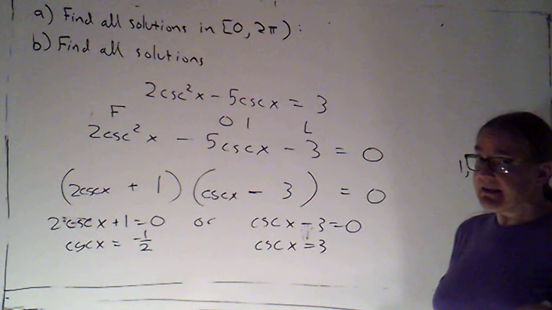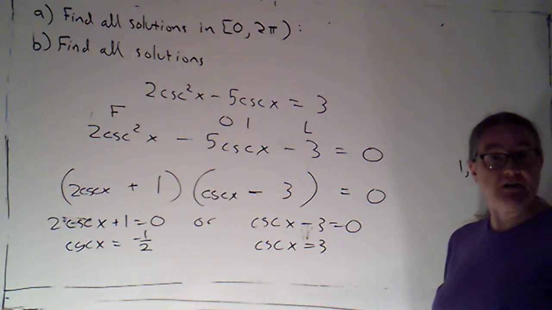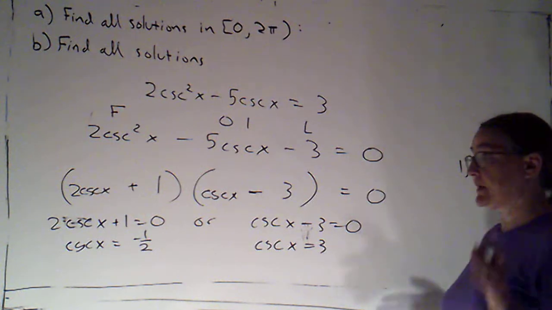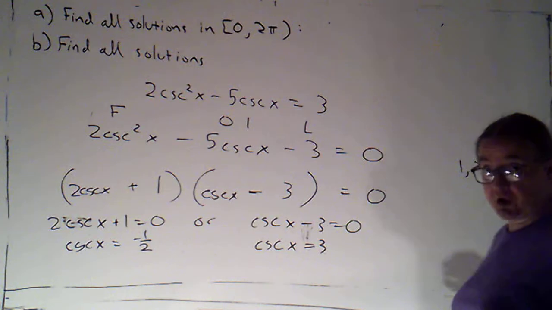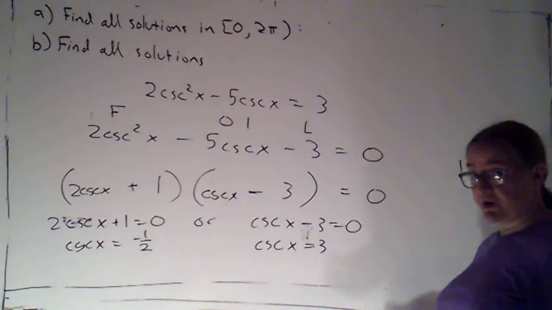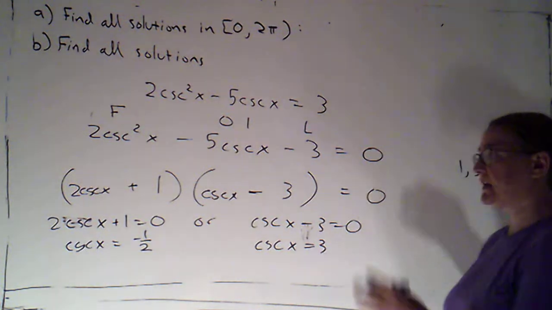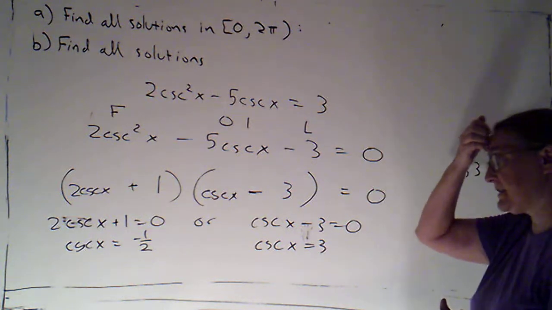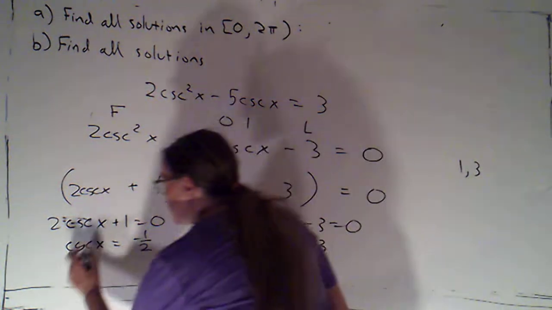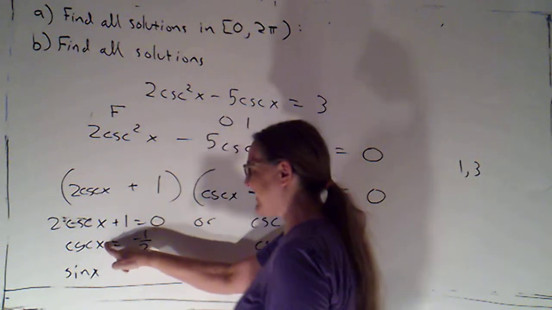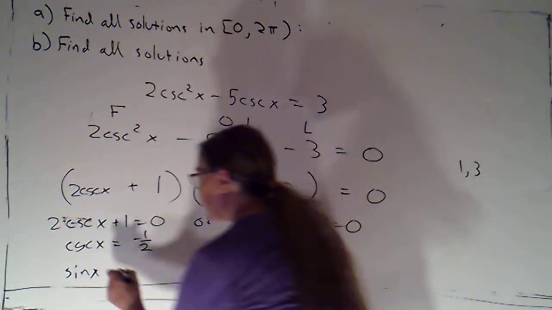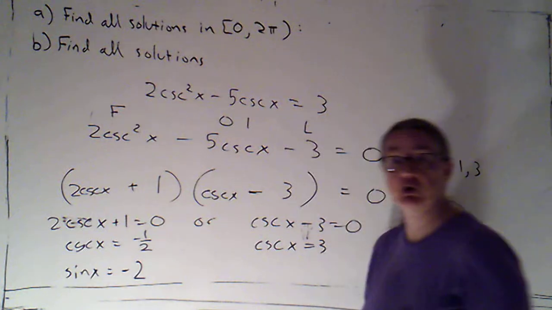Now, I can see that one of these is going to have no solution. If you can see that from here, great. Whether there are solutions or not, I prefer to work with sines rather than cosecant. So I'm actually going to rewrite both of these in terms of sine. This would say sine of x, taking the reciprocal of this side, would equal negative 2.